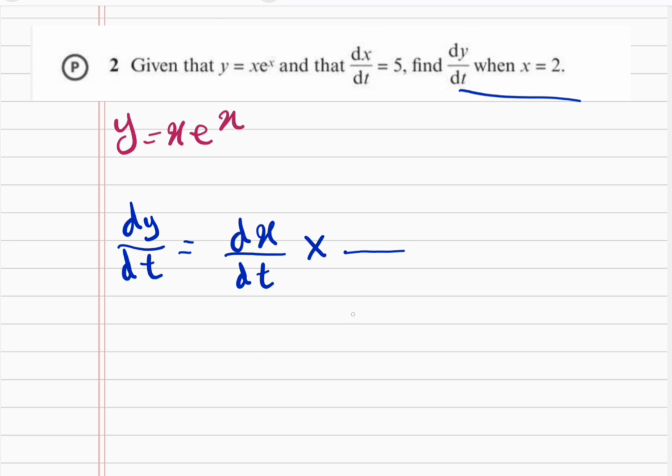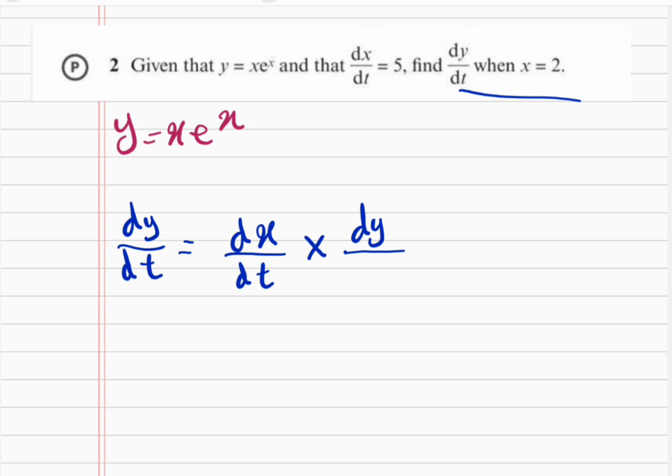We have dy on the left hand side, but on the right hand side the first term is dx, so we don't have dy there. Let's write that here because we want to eventually have dy/dt on the right hand side too. We have dt on the denominator of the first fraction, so we don't need to write that again.